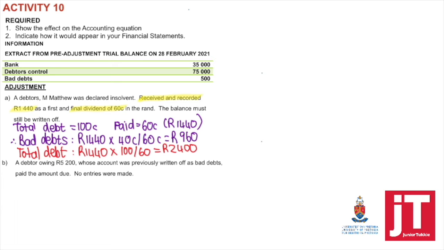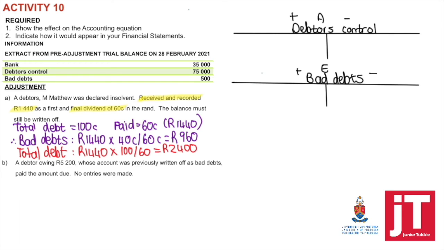The total debt is not required. It's just to show you how I would calculate the total debt. I can take 1,440 times 100 divided by 60. Or once you've calculated the bad debt, you can add it to the 1,440 and it will provide you with exactly the same answer. To write off the bad debts, we need to open up debtors control and bad debts.